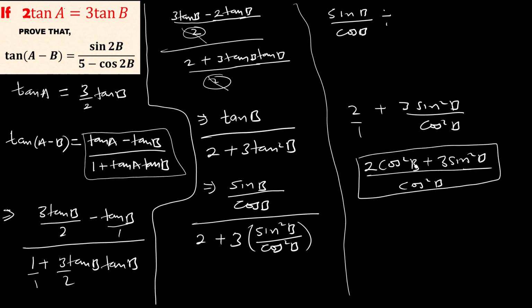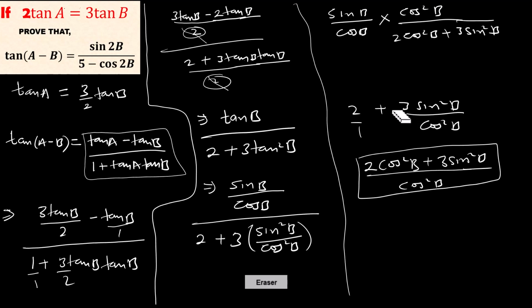So with the division, this one we will reciprocate. So I'll change this, then this one also changes. So cos squared B over 2 cos squared B plus 3 sin squared B. Okay.